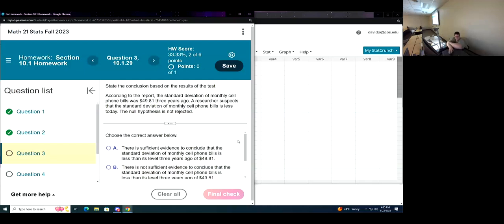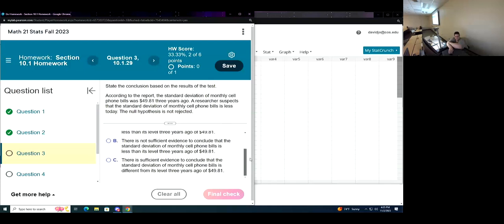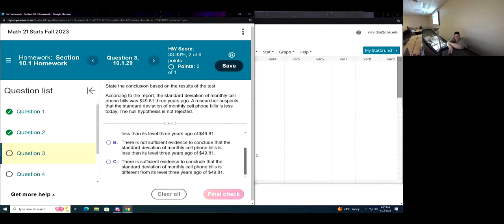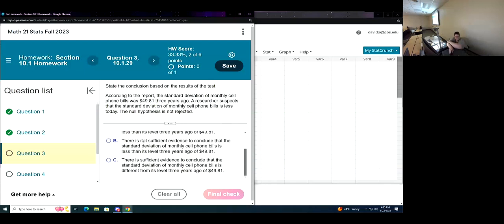So we're looking for there is not enough evidence. And only one of these says there's not enough evidence: there is not sufficient evidence to conclude that the standard deviation of monthly cell phone bills is less than its level 3 years ago. So the nots go together. Not rejected, not enough evidence.